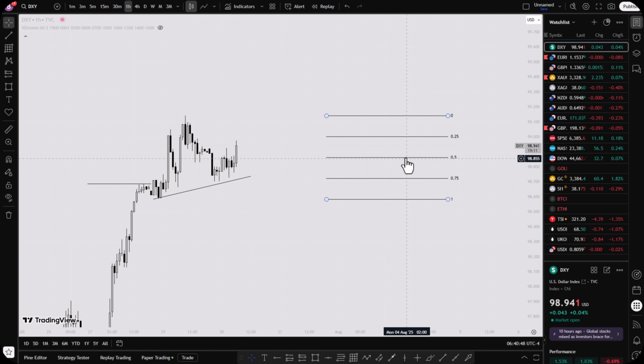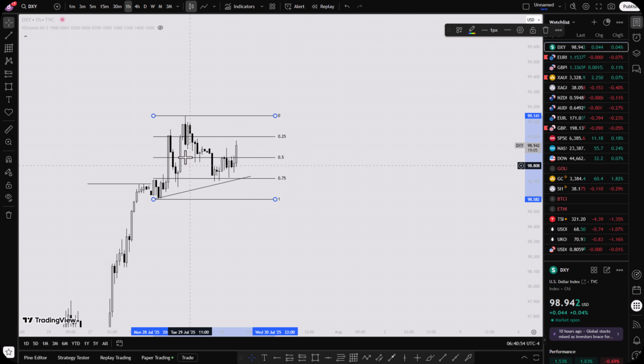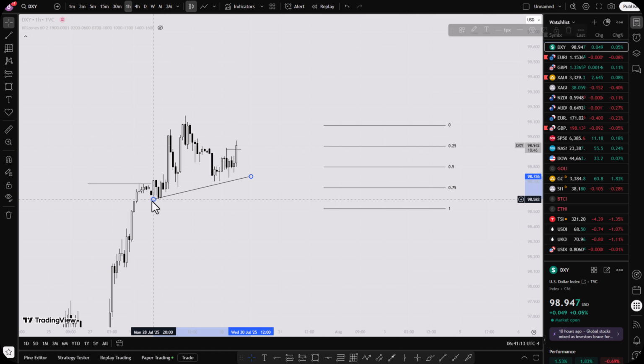If I take this back into this chart, you'll see that this is the previous daily range, and price entered into the discount level of the range, and I'm expecting price to take out this high. So removing this back to this side, you will see that we are likely to have our change in the state of delivery, which is a market structure shift here. And this makes this SMT divergence with the GBPUSD valid. So I'm expecting price to be bullish.